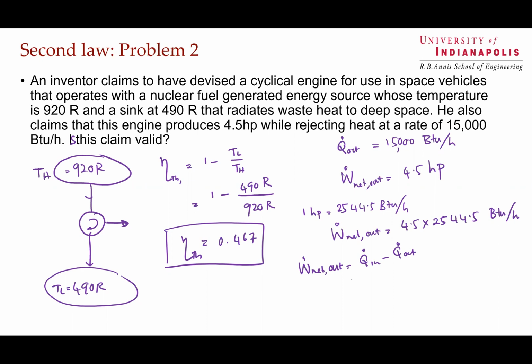Then you can find Q dot in is equal to W dot net out plus Q dot out. That will give us 4.5 times 2544.5 plus 15,000.